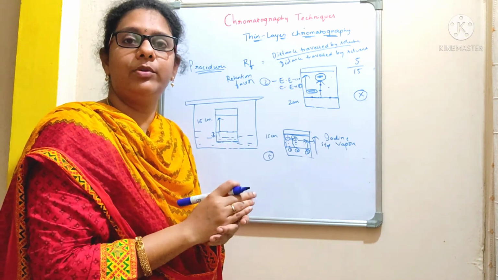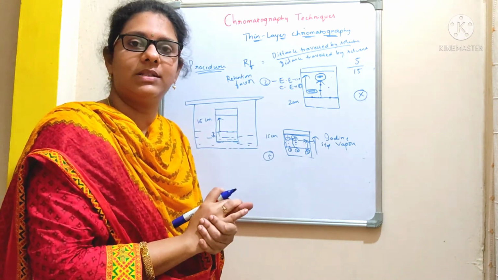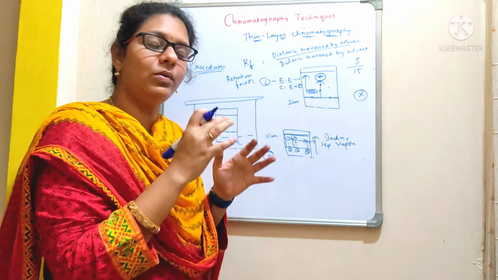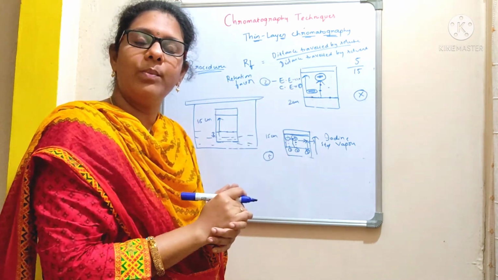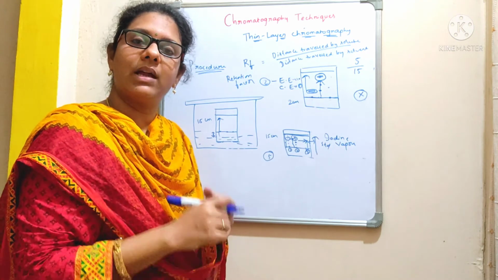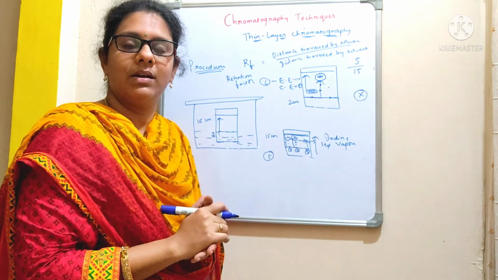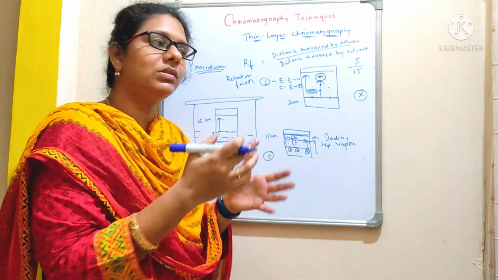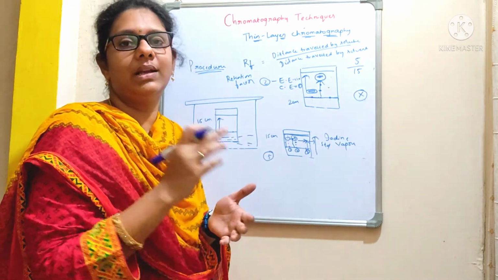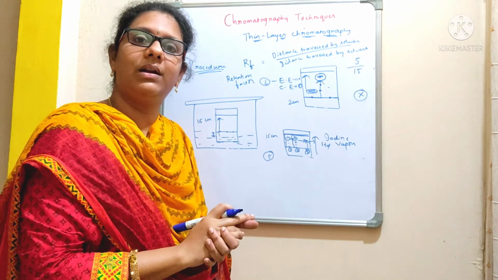If you want to check the purity, you go with the HPLC study, and if you want to predict the structure of that particular compound, you can go with GCMS and NMR studies. Once you are done with the structure prediction, you can also carry out the antimicrobial and antioxidant study of that compound.